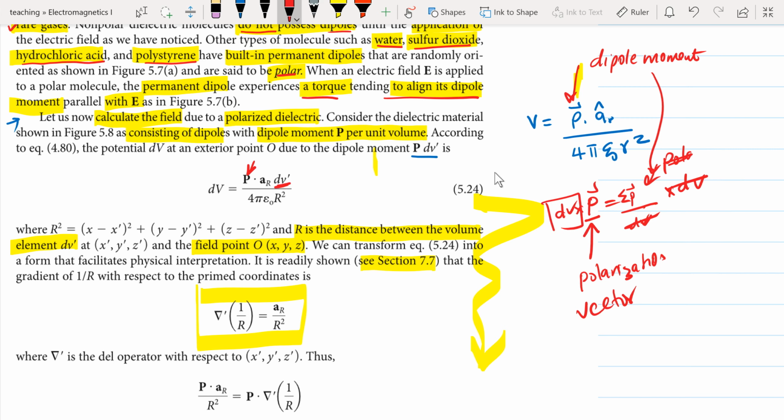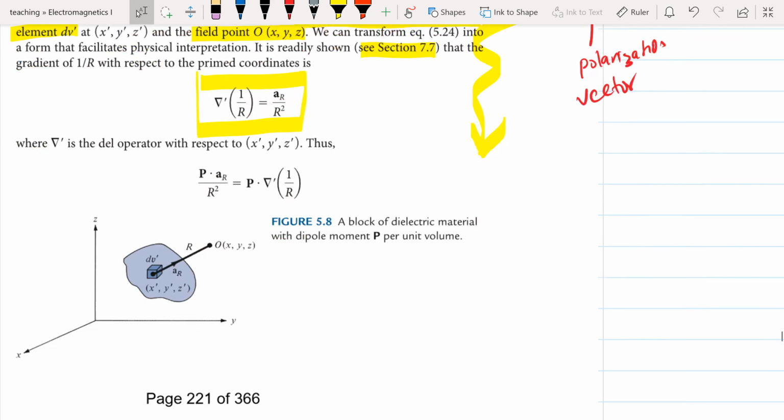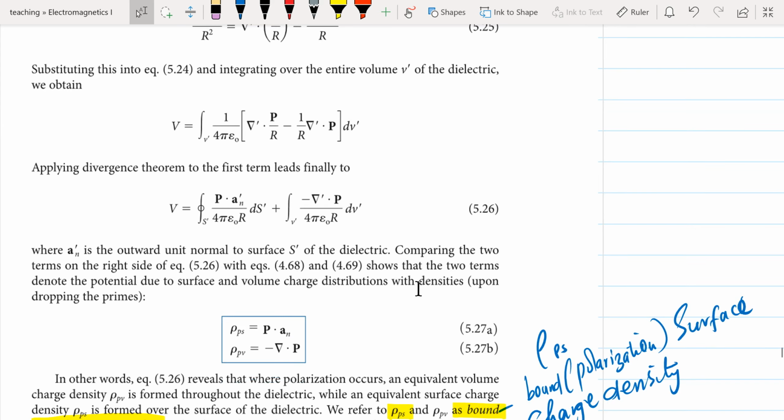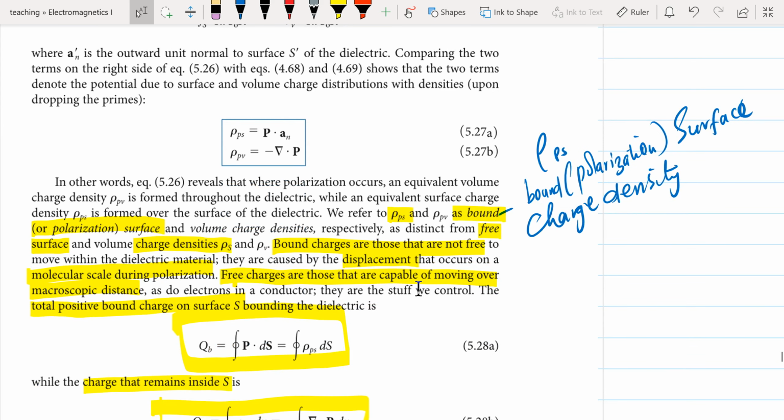Having clarified that point, we can do some further derivation, which I am going to skip for the sake of time, and jump to the most important bit.